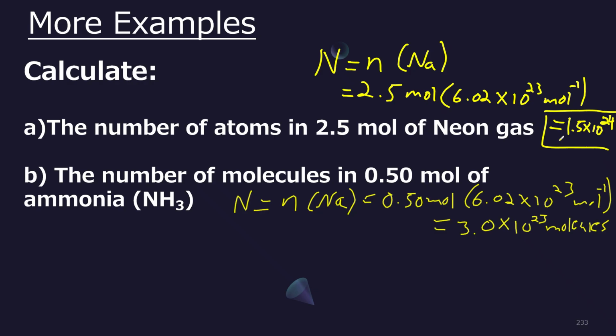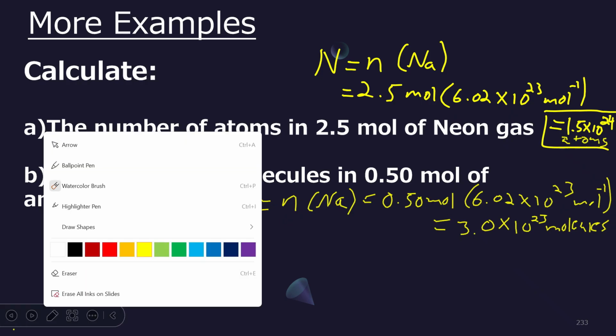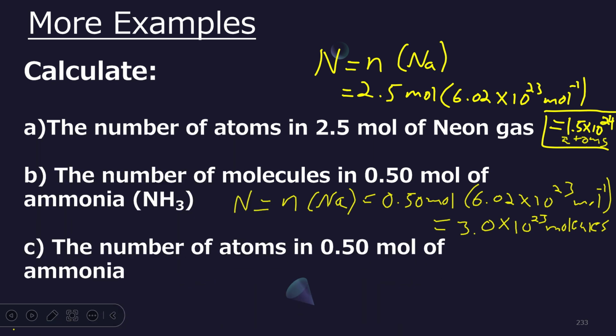Part A was atoms. Sorry, very difficult to write with this pen. Then we can move on to part C. And that is the number of atoms in 0.50 moles of ammonia.